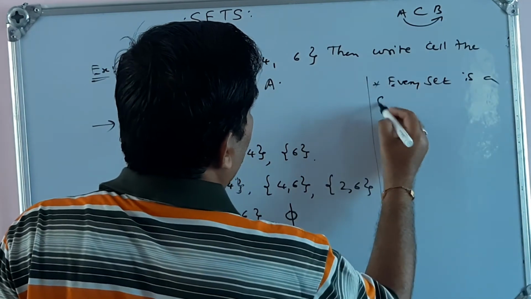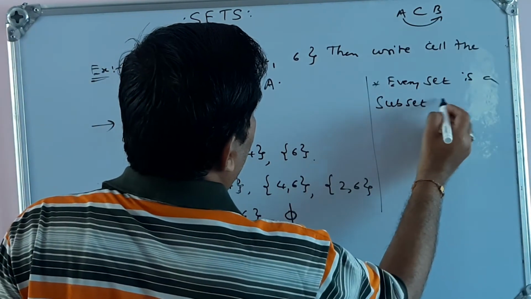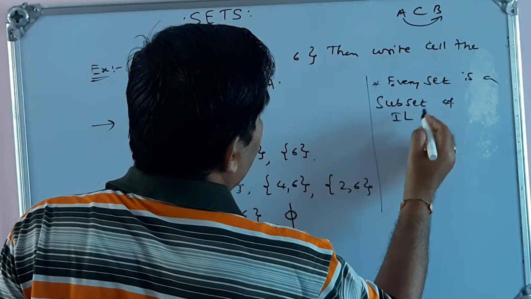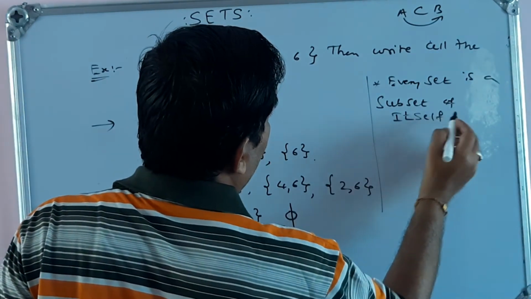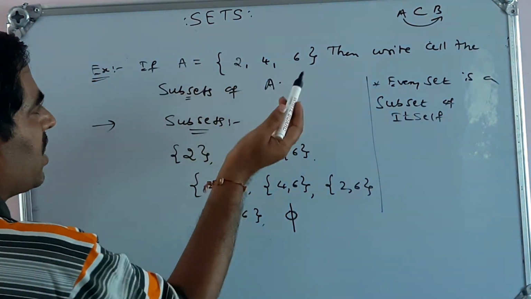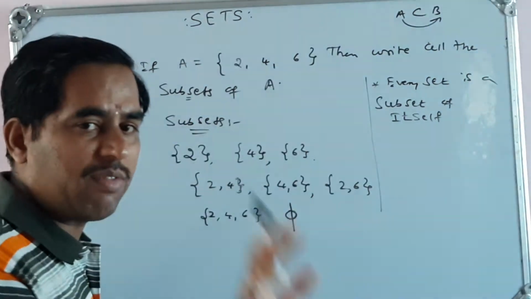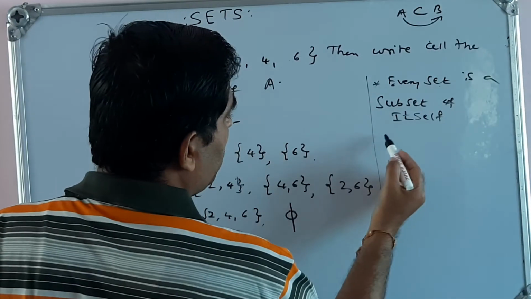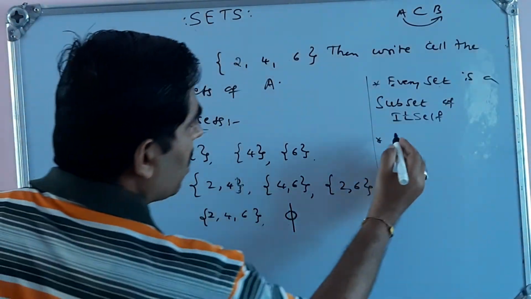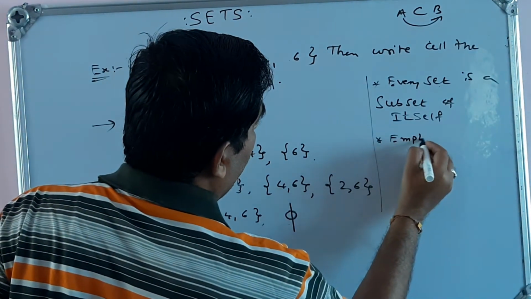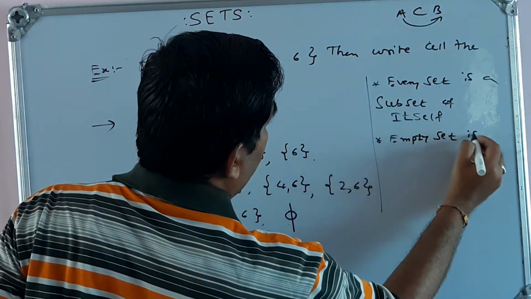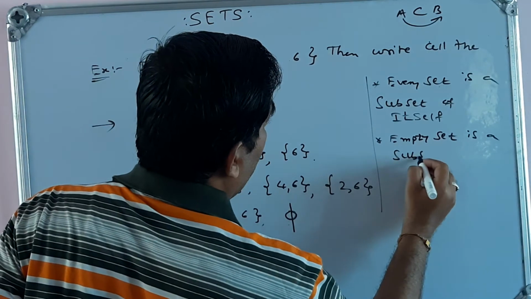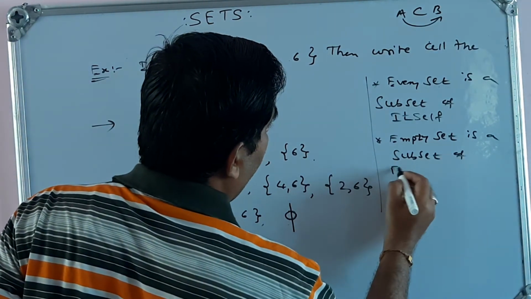Every set is a subset of itself. See, 2, 4, 6 is a subset of itself. And the empty set is a subset of every set.